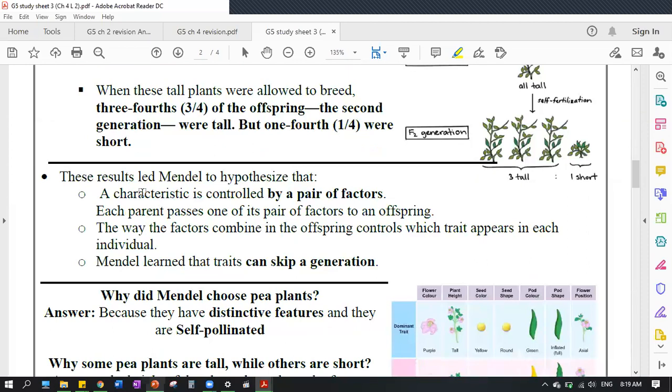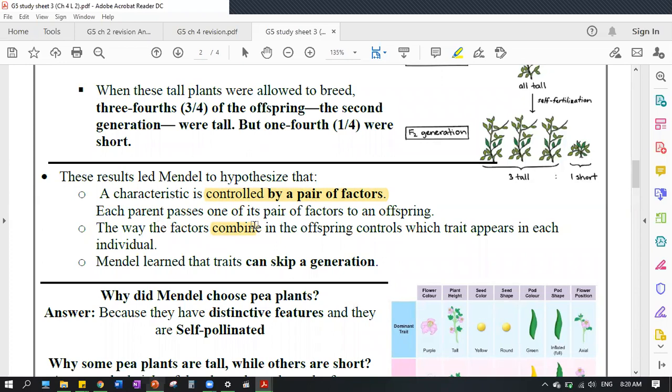Number one, a characteristic is controlled by a pair of factors, which we then call traits. Number two is that the way the factors combine, like the dominant and the recessive, if you guys remember those two words, is the one that controls what trait will appear. Like, will it be short? Will it be tall?